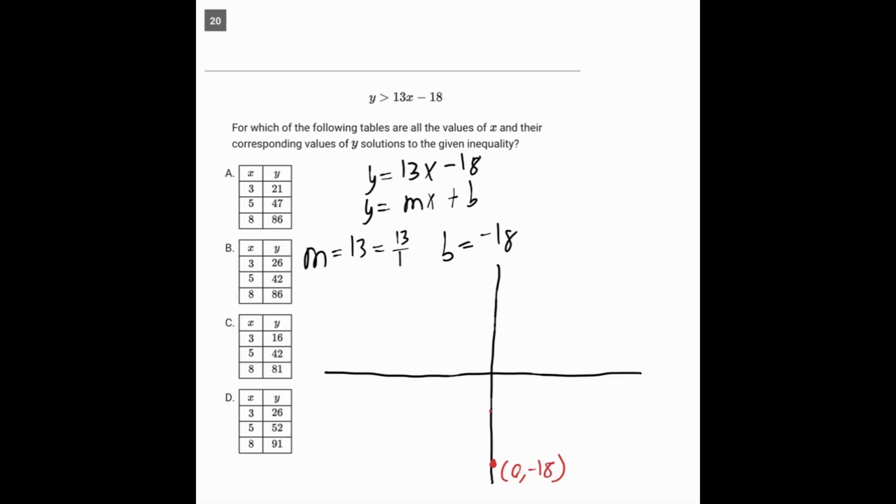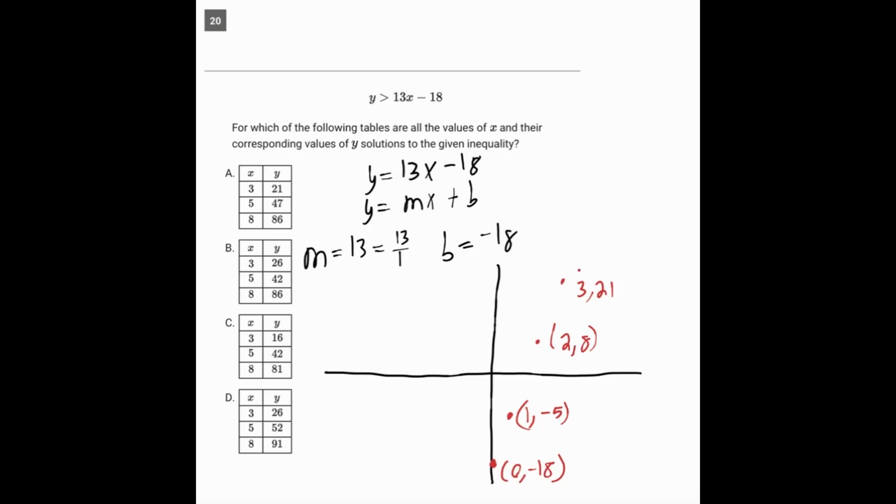So for the first stop, up 13 and over 1, let's say that this is (1, -5). Up 13 over 1 again, that's going to take us to (2, 8). So let's put that around here somewhere.